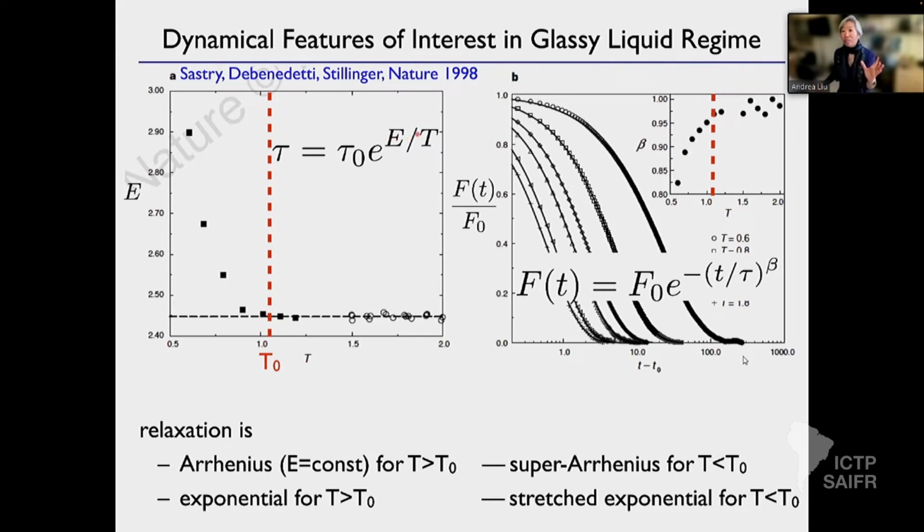This would be enough. But it's more than that. The energy barrier actually seems to be increasing as you lower the temperature. So it's as if you're falling into deeper and deeper parts of the landscape. And I will come back to that, and talk about what that's saying.